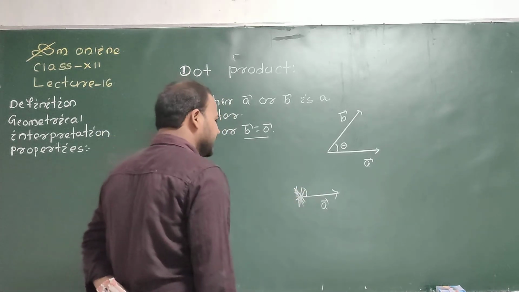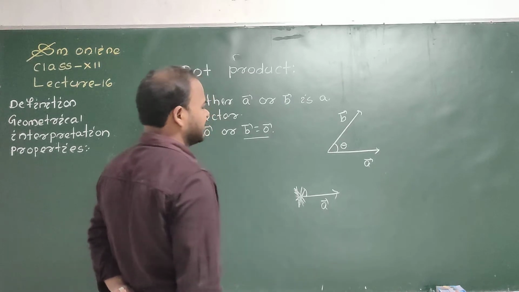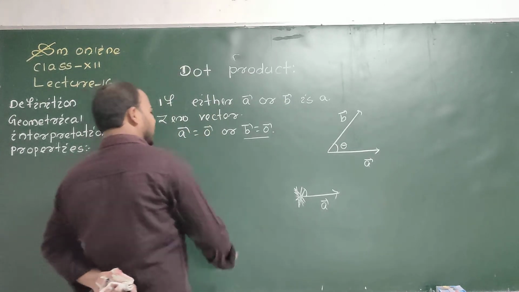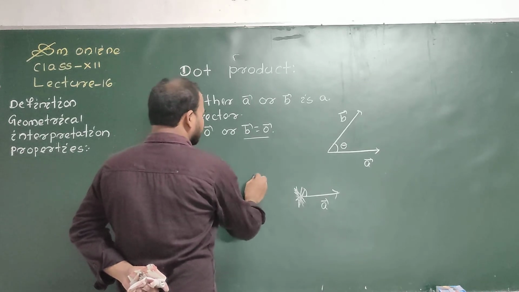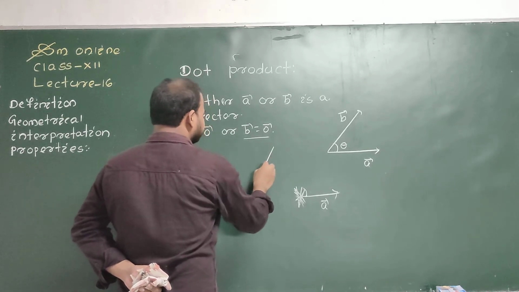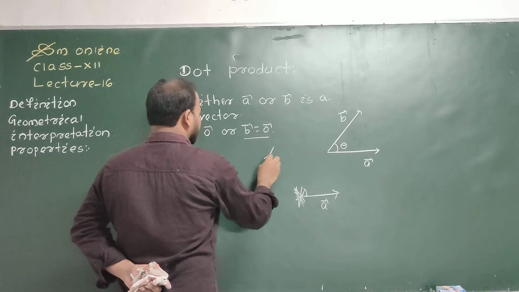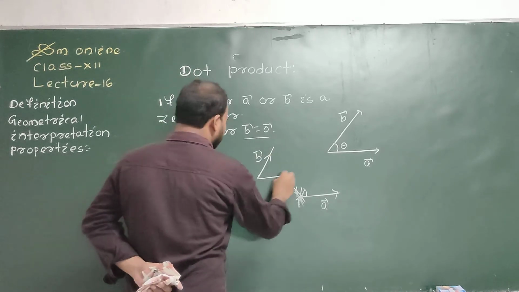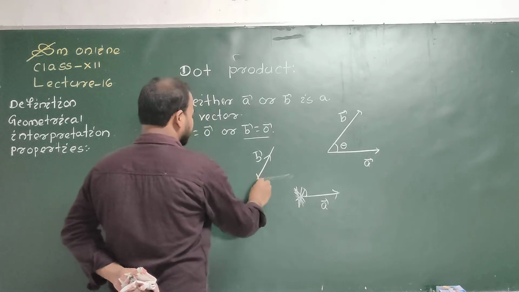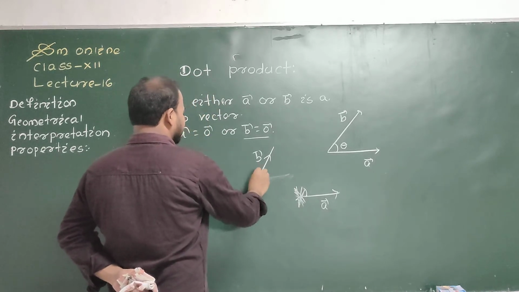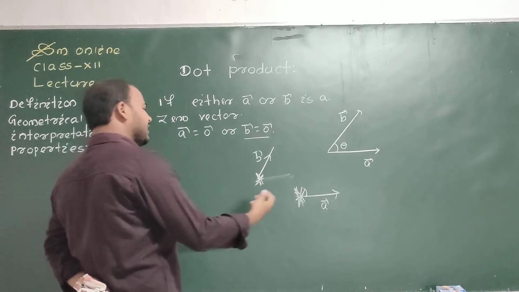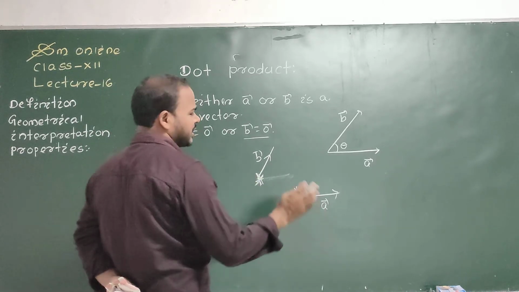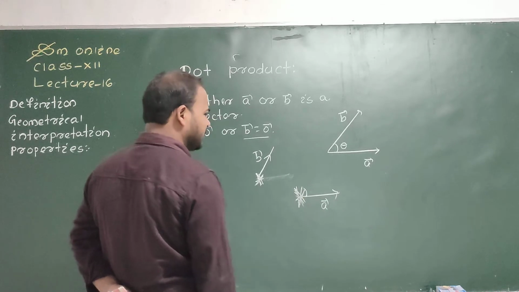Now suppose this is vector B and vector A is the zero vector. The zero vector has infinite directions, so in this case also we cannot define the value of theta.